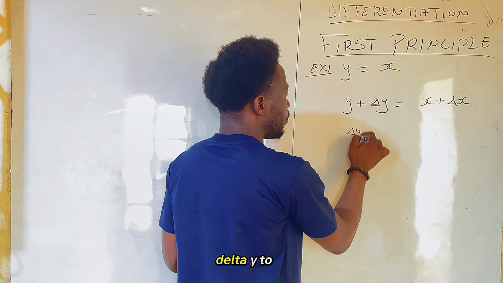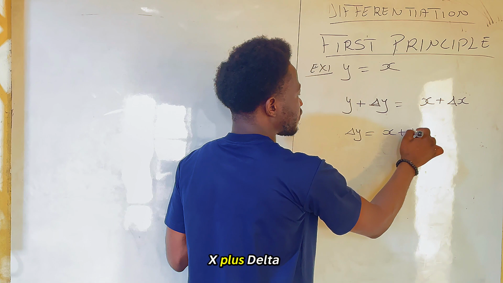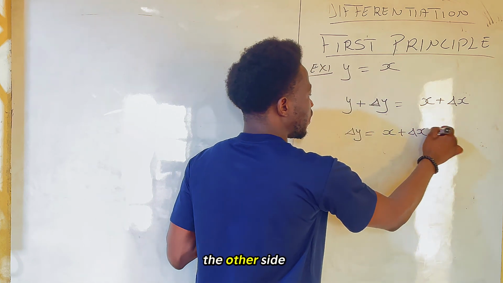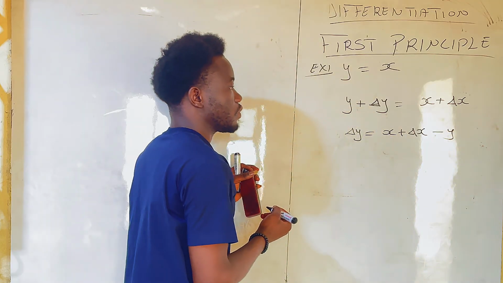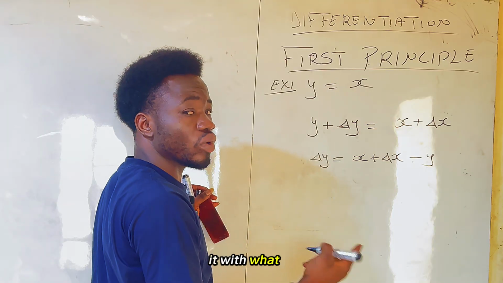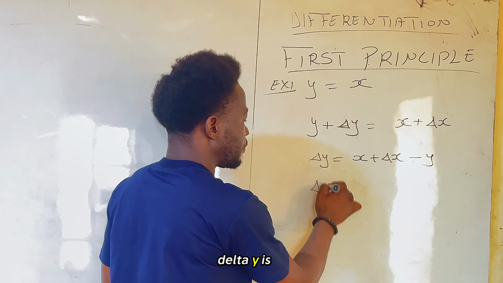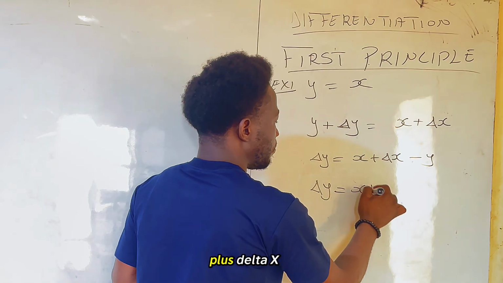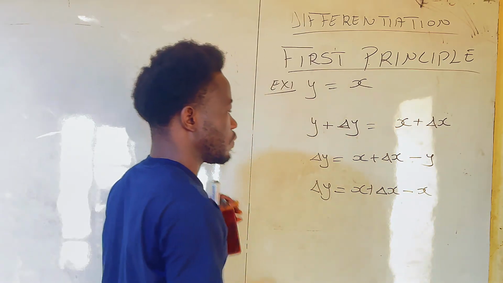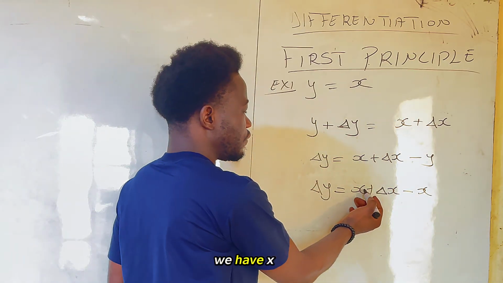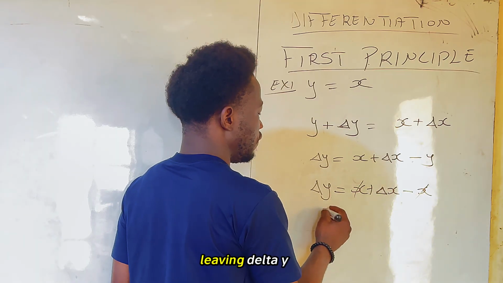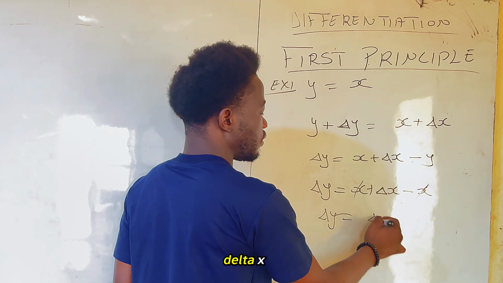So I have delta y equal to x plus delta x. Then this is y. Bringing it to the other side will be minus y. Now, in our question, we already have y. y is equal to x, so we replace it with x. So delta y is equal to x plus delta x minus x. Alright? Now x minus x cancels, leaving delta y equal to delta x.